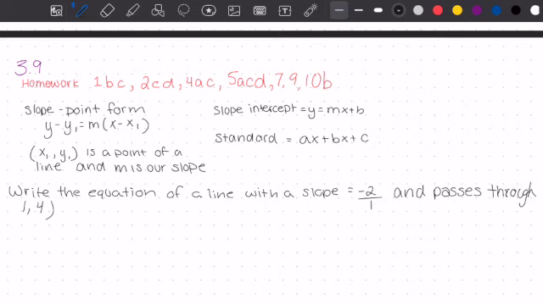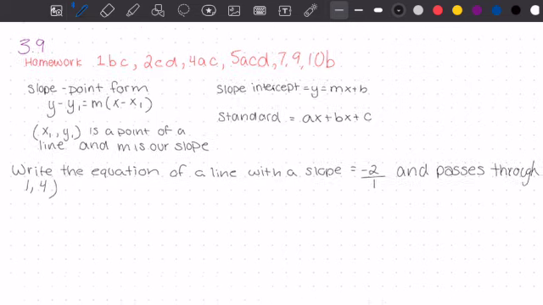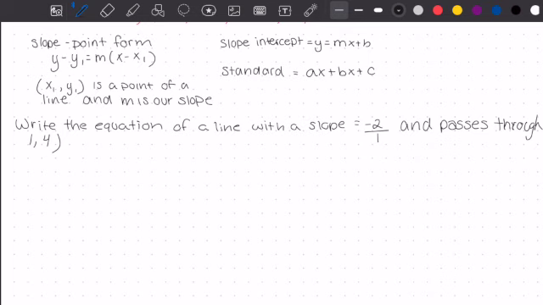So normally what we would do is we would substitute this information into our slope intercept form. So typically it would look like this: mx plus b. Our slope will get put into m here. So we would have -2 over 1 x plus b equals y.